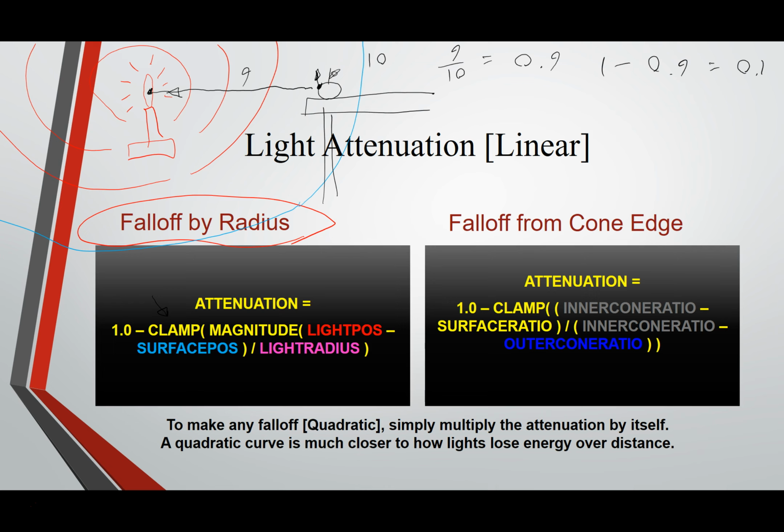So instead of saying 90% of the light should reach this point, by flipping the ratio, we're saying 10% of the light should reach this point. And then you can simply take this attenuation factor and multiply it by your amount of light reaching the surface, and that's going to give you your reduction in energy based on distance.